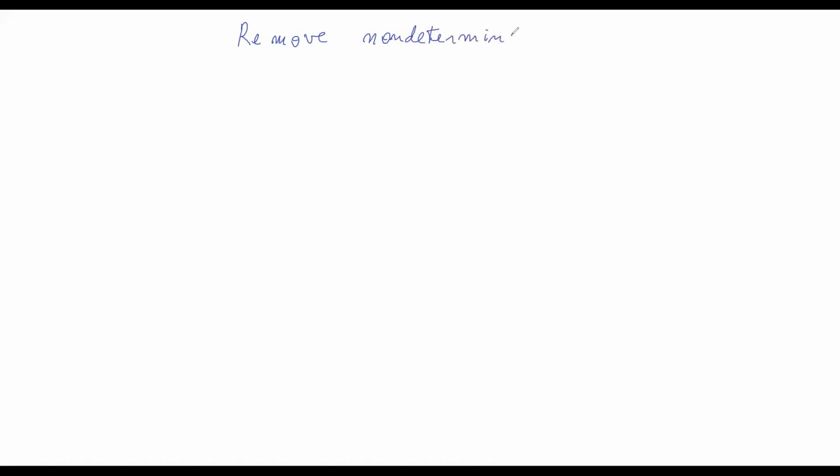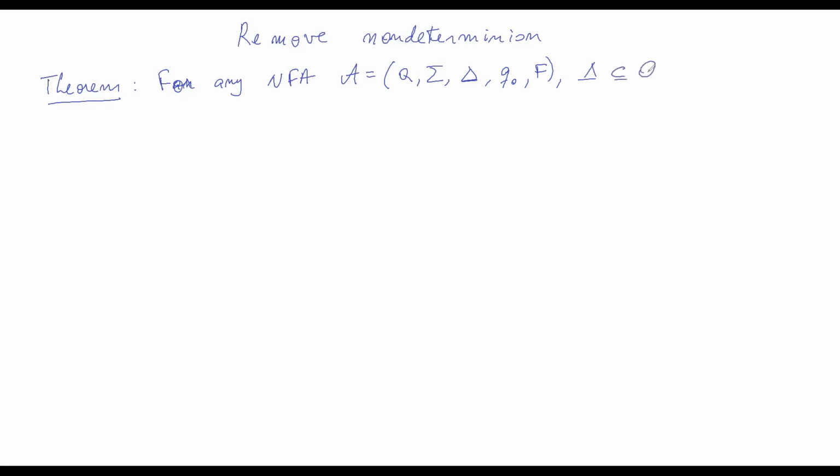So, in other words, what I would like to prove is this particular theorem, saying for any non-deterministic automaton, which, remember, has this form, and our transition relation has no epsilon transitions because we showed how to remove those in the previous lecture. So for any such automaton, there is an equivalent deterministic finite automaton.